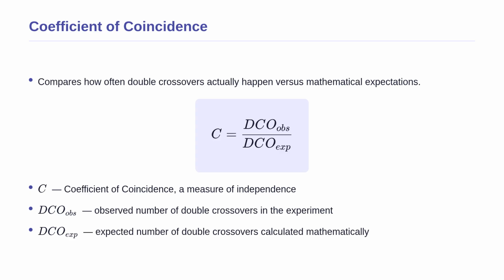The numerator is the observed number of double crossovers, which is the actual count we see in an experiment. The denominator is the expected number of double crossovers. If the observed number perfectly matches the expected number, C equals 1, meaning the crossovers are completely independent. If the observed number decreases, C decreases, meaning interference is stronger.